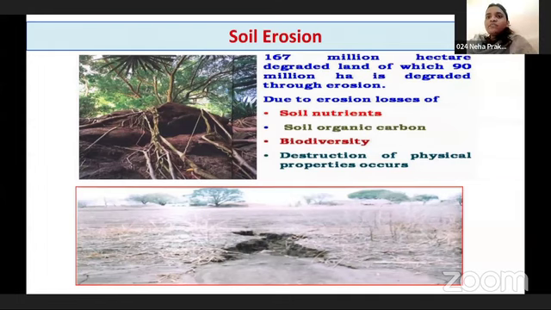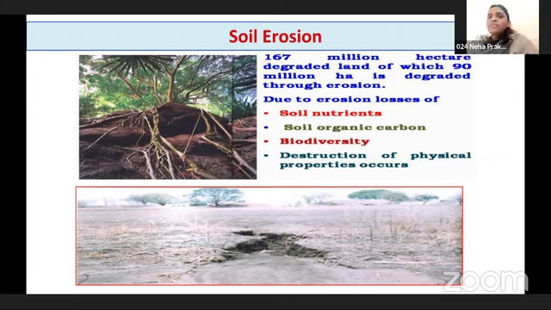Here we know that of the 167 million hectares of degraded land, 90 million hectares is degraded due to erosion, such as wind erosion and water erosion. Due to this erosion or loss of soil, there may also be loss of nutrients, loss of soil organic carbon, biodiversity, and destruction of the physical properties of the soil.